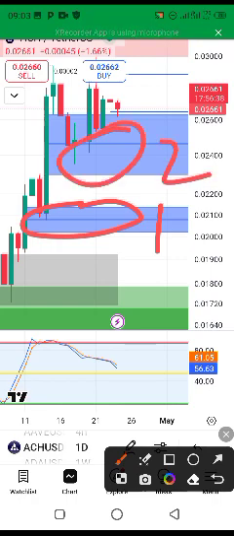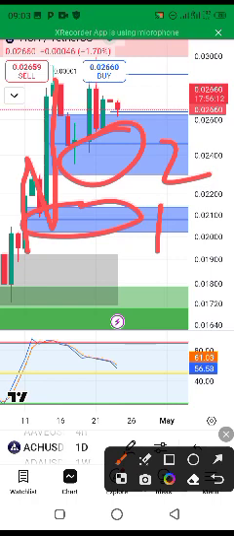When you look at all these fair value gaps, they are all mitigated. What does mitigated mean? It means the price moved up and it came back and filled the gap. When it filled the gap, it shot up. It means this first fair value gap is no longer valid, it is now invalid.